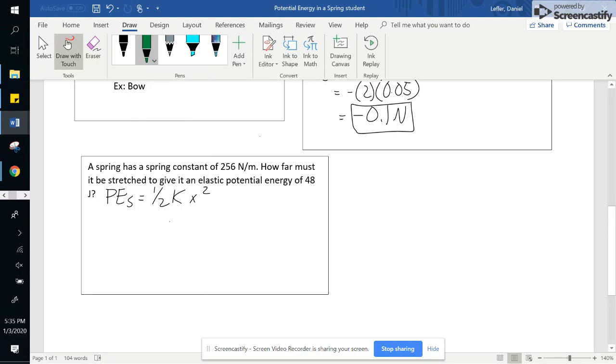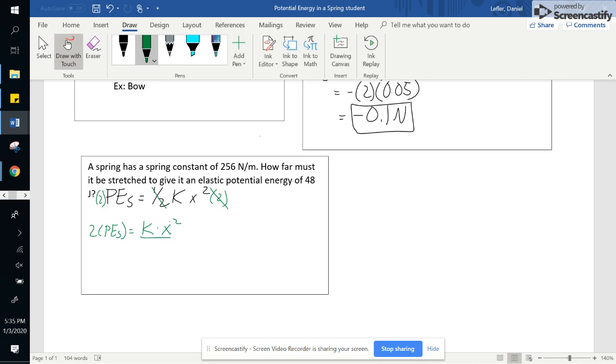Well, first thing I'm going to do is multiply both sides by 2, to get rid of our halves. So then we're left with 2 times the potential energy of our spring equals K times x squared.